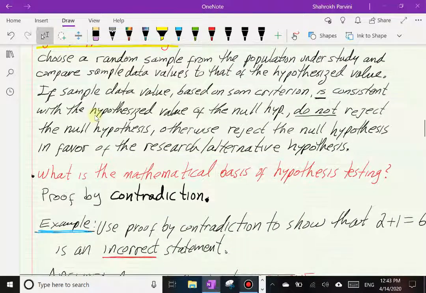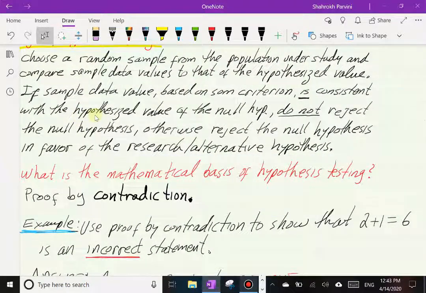In this example, I want to use proof by contradiction to show that 2 plus 1 equals 6. Now, that's not a typo. I know 2 plus 1 is 3, but I'm making a false statement: 2 plus 1 is 6. I'm not saying that's a correct statement. I want to show that it is an incorrect statement using that proof method.